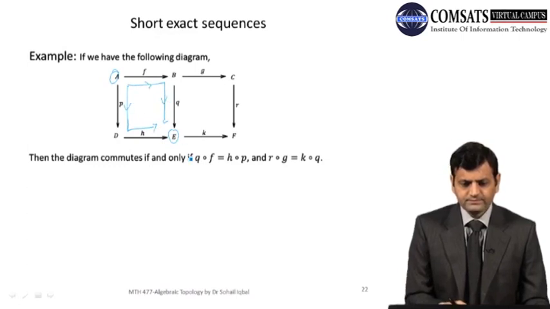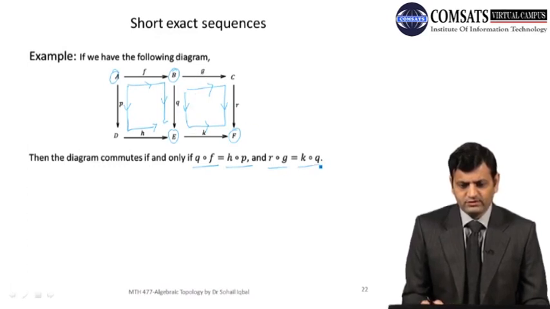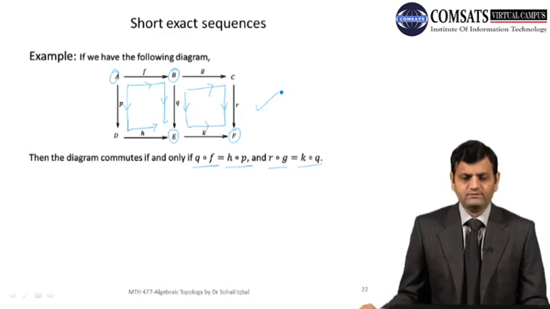In other words, Q composed with F must be equal to H composed with P. And similarly, if I start from B and want to reach F, then any two paths, this path and this path, must give me the same answer. In other words, R composed with G must be equal to K composed with Q. So that's what it means for a diagram to be commutative.